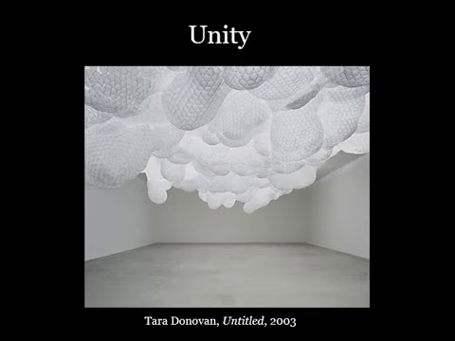So here we have an example by Tara Donovan, who is an American artist. She uses all sorts of everyday household items within her work, and this could be plastic cups, number 2 pencils, drinking straws, and she uses these to create visually complicated and really surprisingly complex structures.